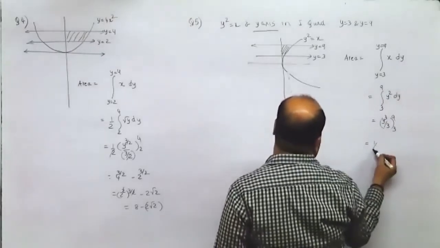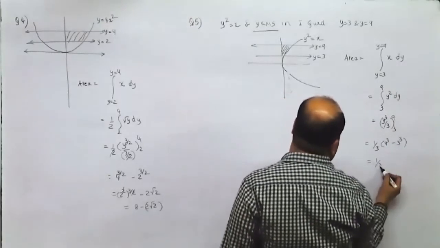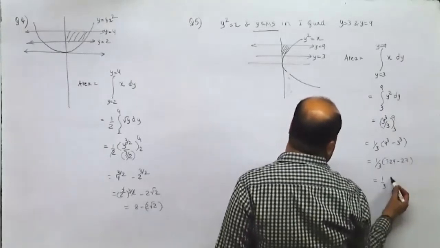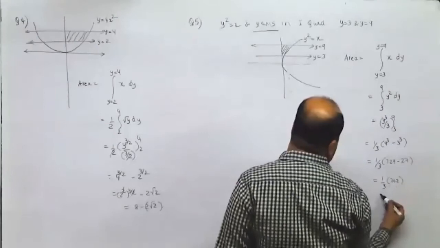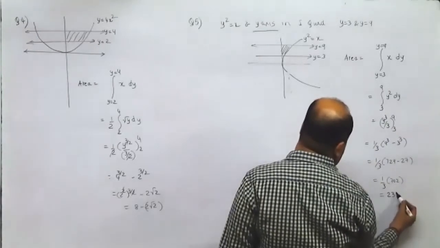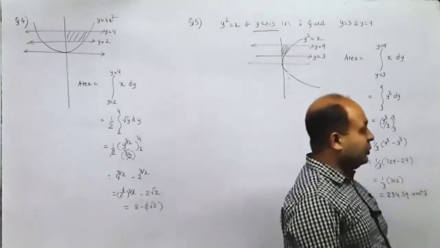So it is 1 by 3 into 9 raised to 3 minus 3 raised to 3, that is 1 by 3 into 729 minus 27. So this is 702. When you divide it, you get 234 square units. This is the answer.